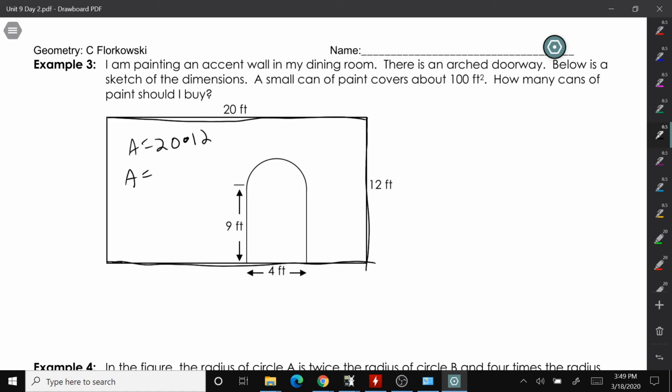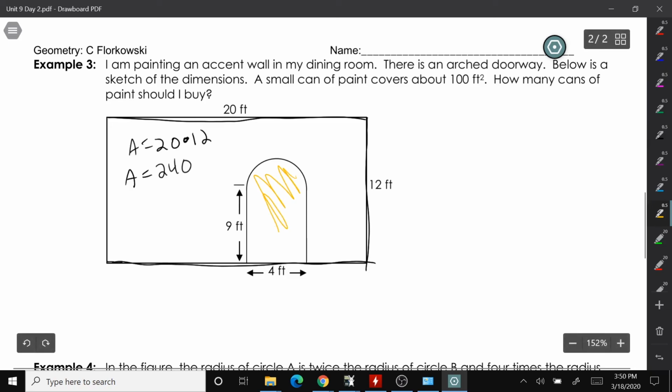We get 240. So the wall is 240 square feet, and you may think, well, that should just buy 3 cans of paint to have a little left over. Well, the doorway here may be enough area to make it that we only need 2 cans.